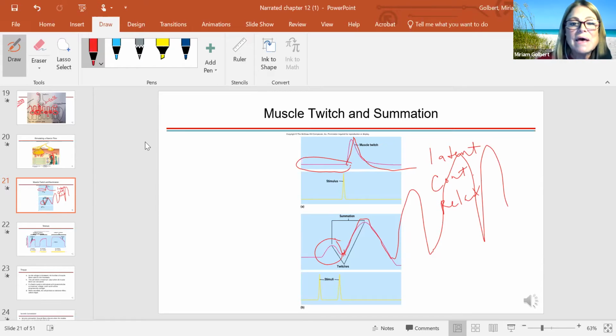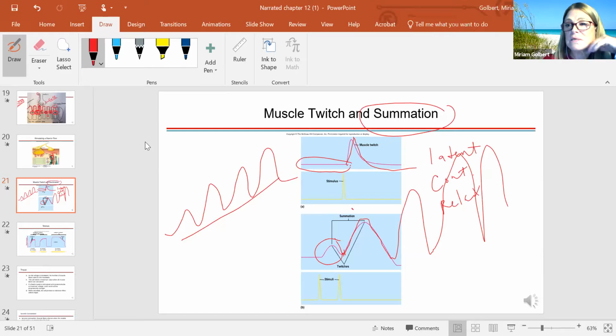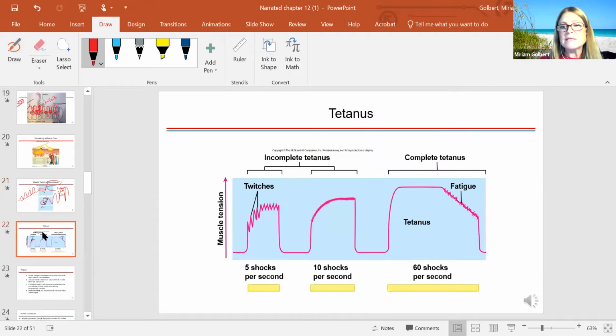So when you have that little picture of going up, making kind of like little stairs, that's what is called summation. Summation. You're adding on. So you're stimulating right after the relaxation. And sometimes you don't let it relax all the way. You can get to this, right?